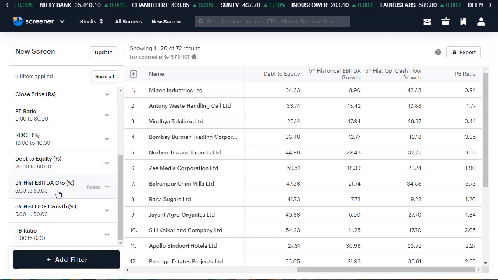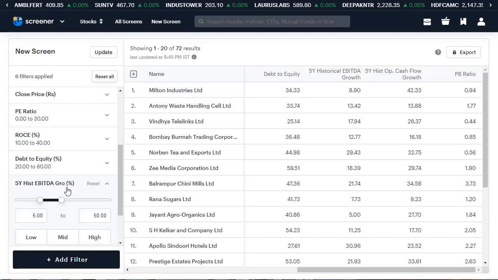The next metric is the 5-year historical EBITDA growth. You must have seen a company's financial statement. In that statement, EBITDA is the first parameter which is discussed for the growth of the company. EBITDA stands for earnings before interest, taxes, depreciation and amortization.